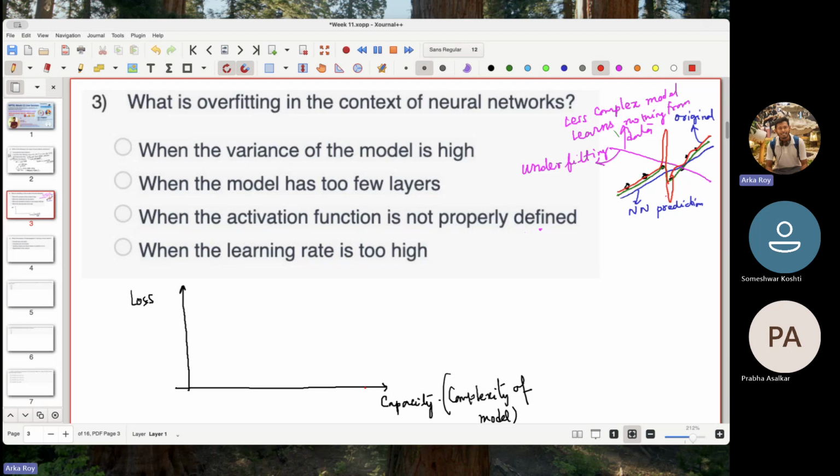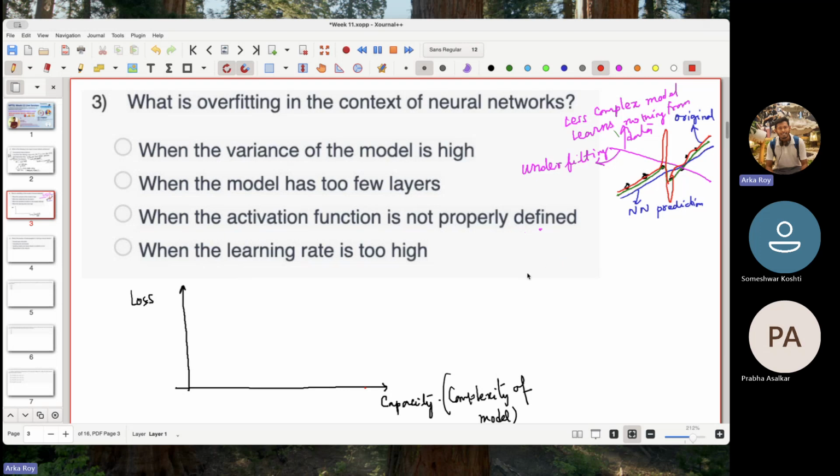To reduce this sort of jerk for a high capacity model, we use regularization techniques such that you do not see these highly overfitted situations. So this is what happens at the training time.